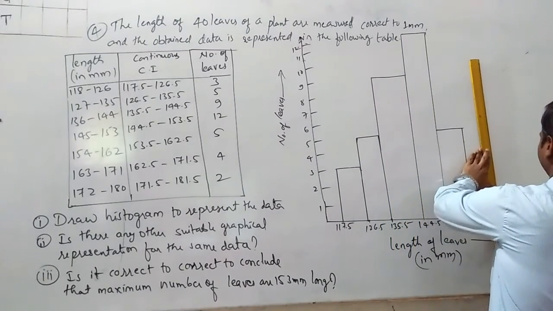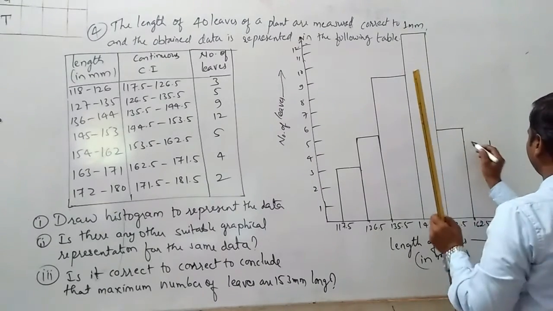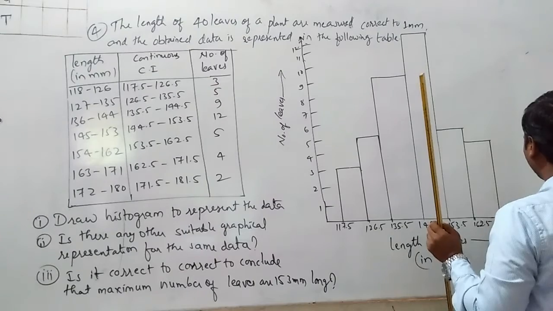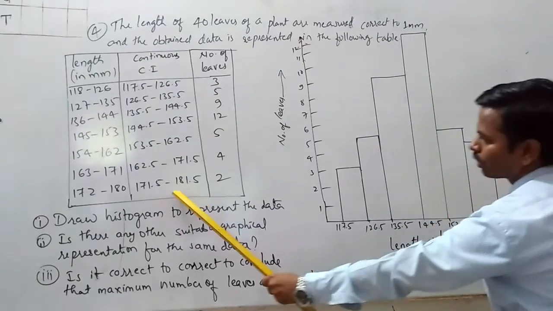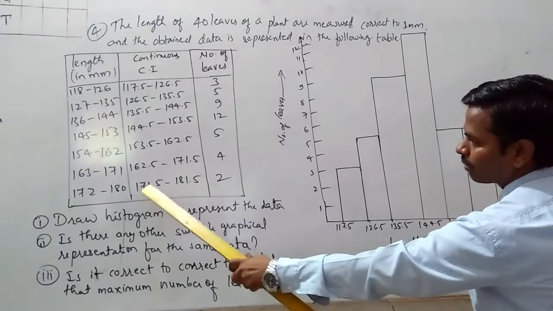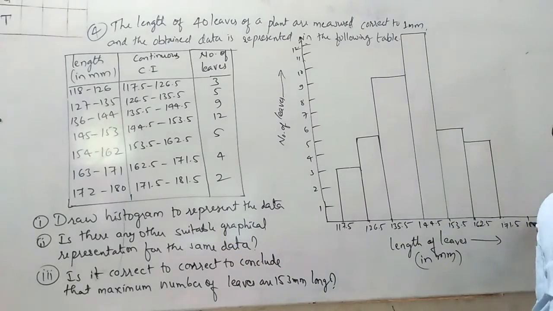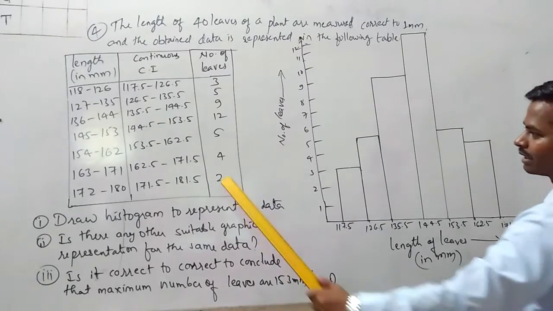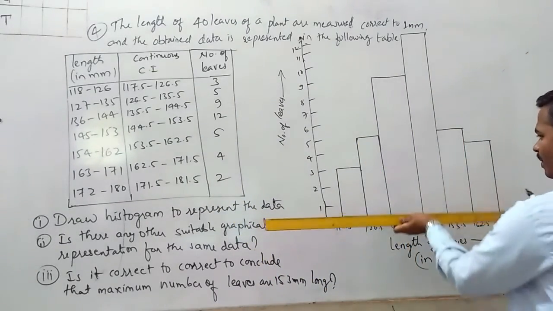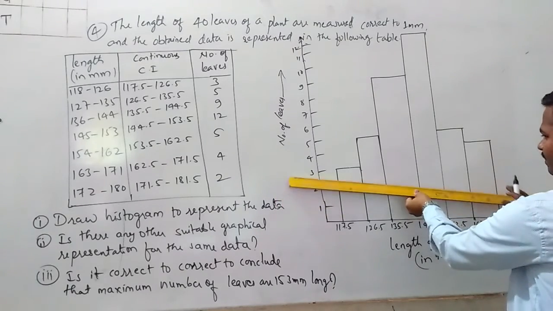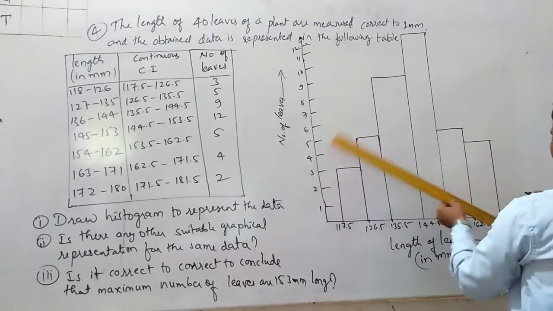Join this one. Next, from 171.5 to 181.5, the number of leaves is 2. It is equal to 2 only. Take this length approximately.